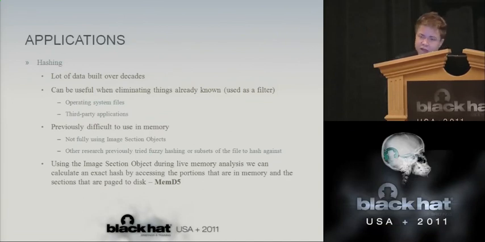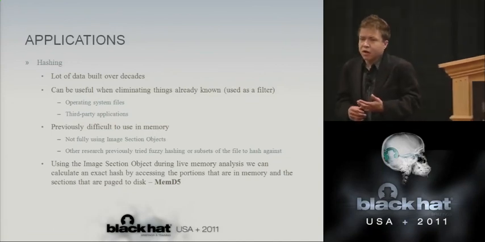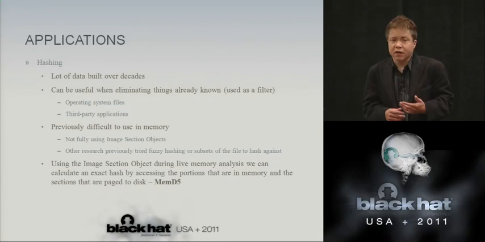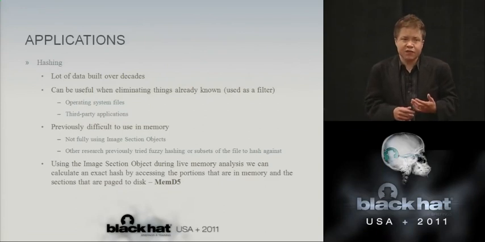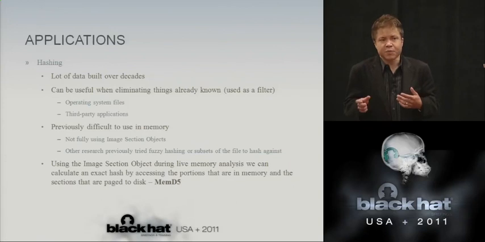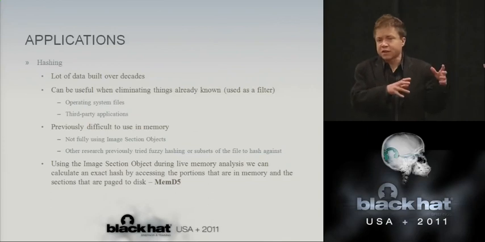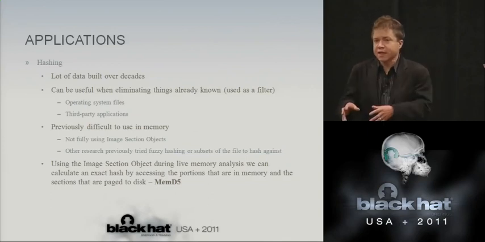But if we use these section objects, we can get a lot more data out of the file. And in fact, if we are running on a live system where we can access those pages that have been paged to the file system, right? So NTDLL got one of its pages paged out and put back into NTDLL.